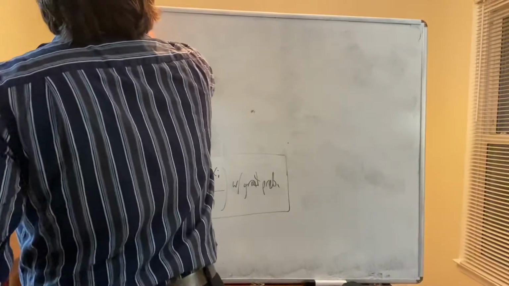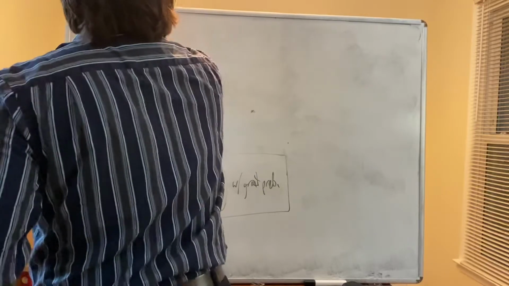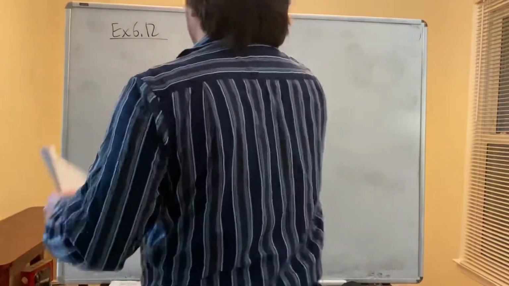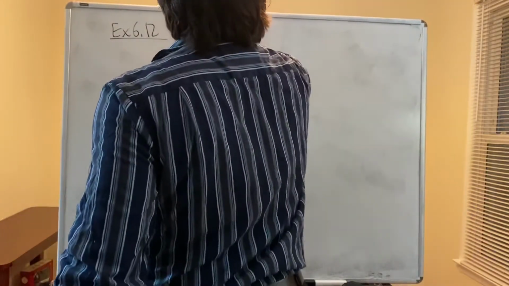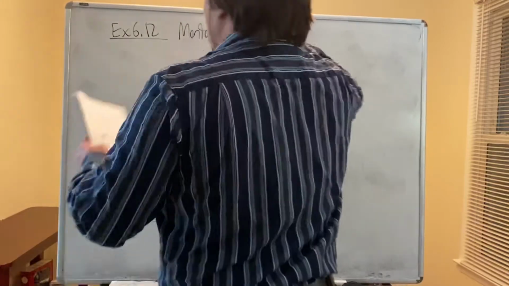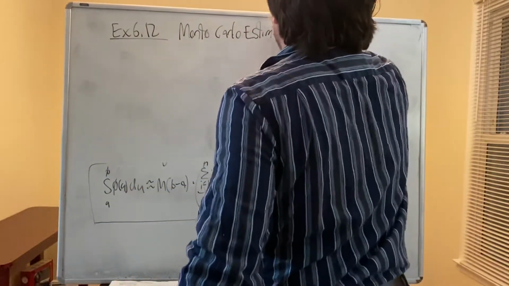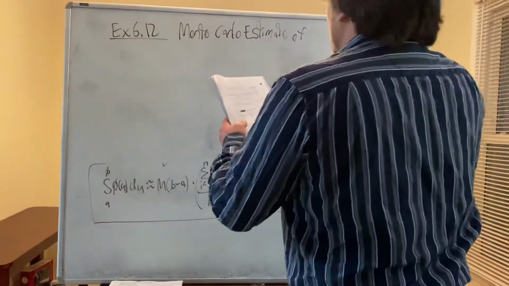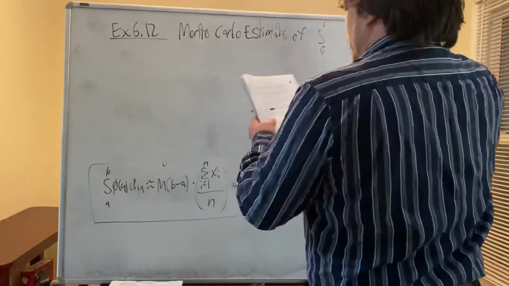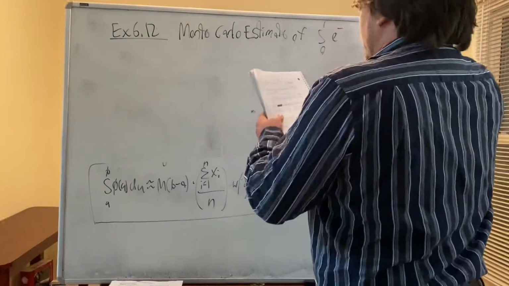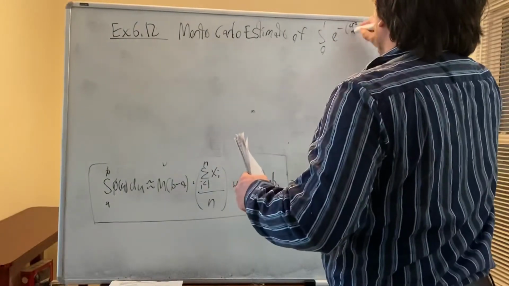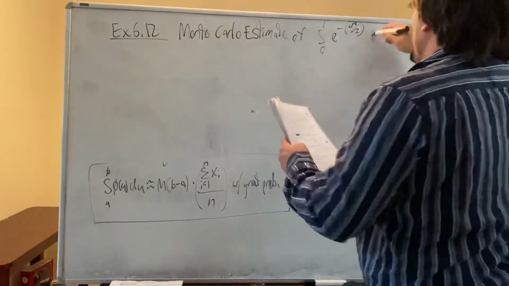Okay, so example 6.12. It's the Monte Carlo estimate of the definite integral from 0 to 1 of e to the negative u squared over 2 du.